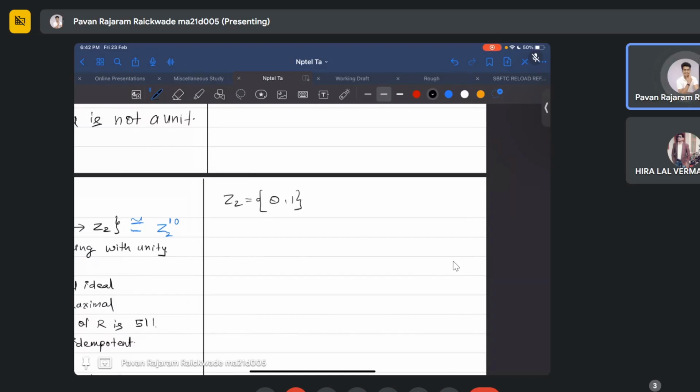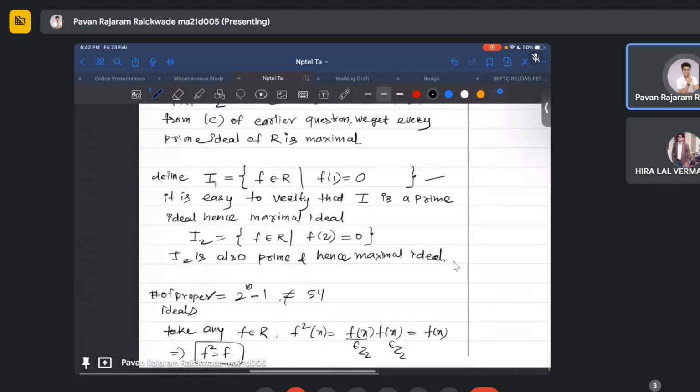So what is the property? 0 times 0 is again 0, and 1 times 1 is 1, right? So you have the idempotency. Any element a squared equals a, for any a belonging to Z2. Now this f(x) is in Z2, and if you multiply it 2 times, you get again the same element. This is the property of Z2. Okay.